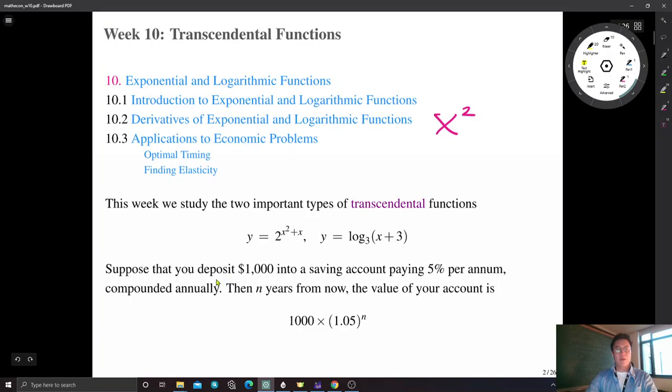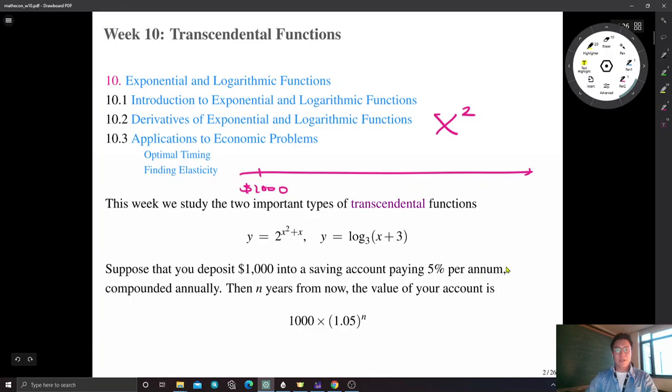Suppose that you deposit $1,000 into a saving account, and then the account promises to pay you 5% of interest per year. Okay, so let me draw the timeline to illustrate this situation. So you deposit $1,000, okay, and then interest rate is given by 5%.